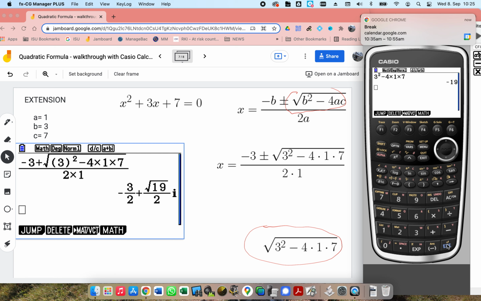Okay, so I'm trying to take the square root of minus 19. Now your calculator may not show that, but that's not a real number. So if it's not a real number, then it gives us a solution we don't have to worry about. So you'll never have to deal with a case like this in this course.